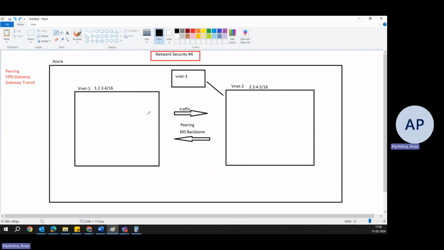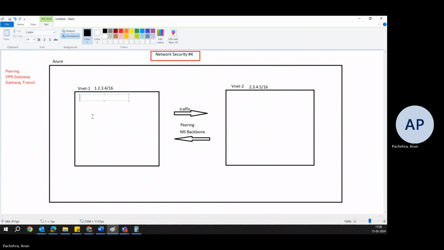This is something which is usually asked in interviews. So, non-transitive relationship. I should write these important points here. Let's use this. Microsoft backbone is already there. It's non-transitive. Why am I writing this? Because this will help us summarize at the end and eventually help us cement the knowledge.